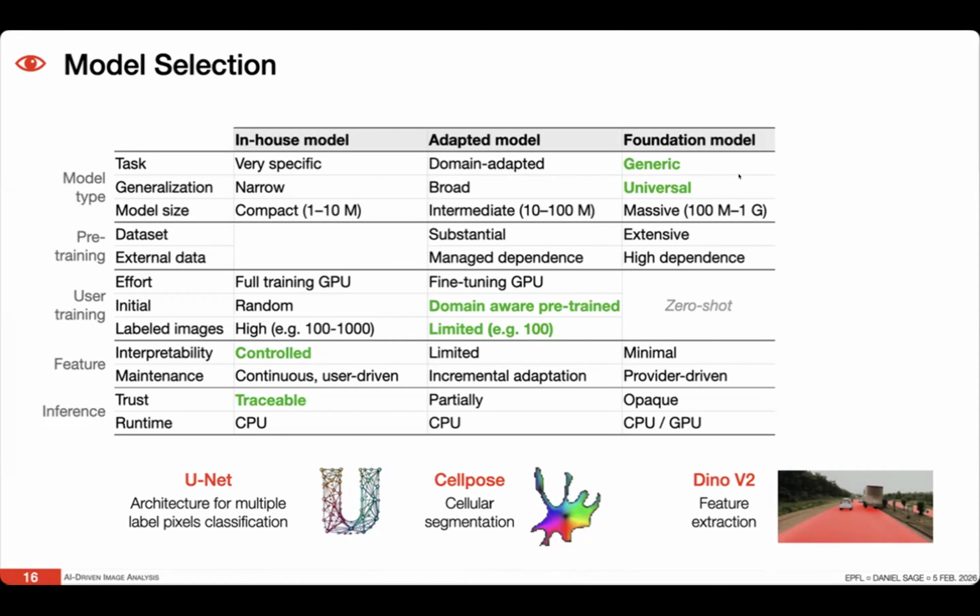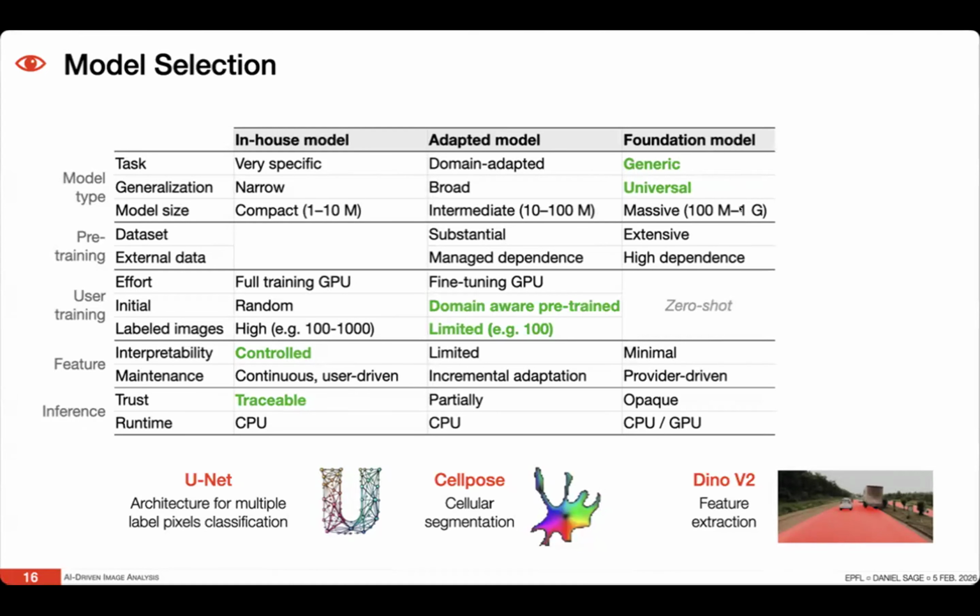But what is interesting for a foundation model is the fact that it's generic, so you can apply this model to many kinds of data, even if the data was not in the training data set. That's what we call generalizability, which is pretty universal. But usually this kind of model is very huge.